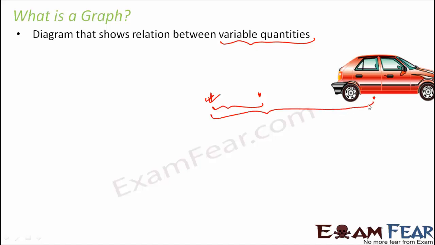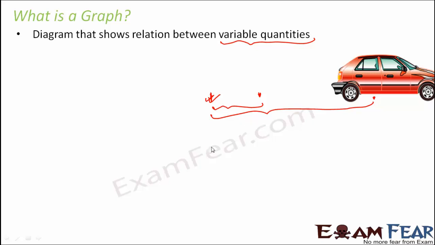As the car is moving, the distance moved is also changing, and the time is also changing. Maybe when it was here, it only took 5 seconds. By the time it reached here, it took maybe 30 seconds. Again, as it moves forward, the time also changes. So basically, during its motion, at every point, the time was also changing. Correct? So let us try to plot this motion of the car in a graph.